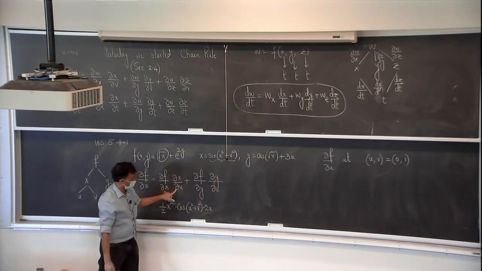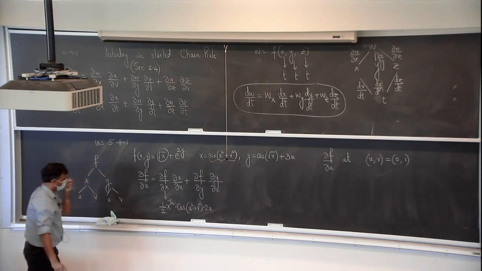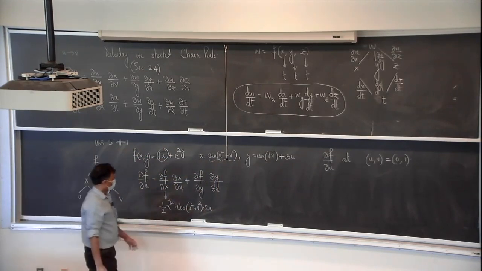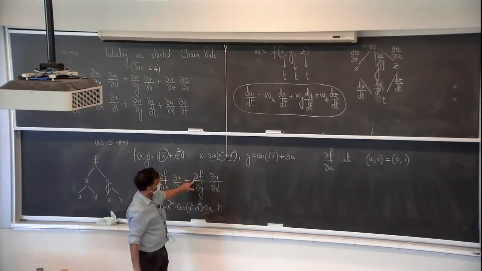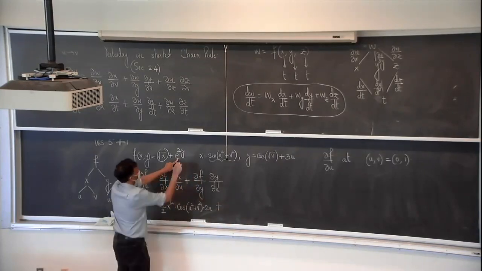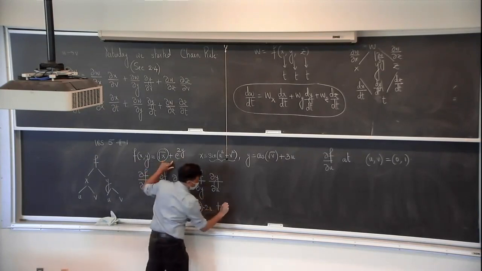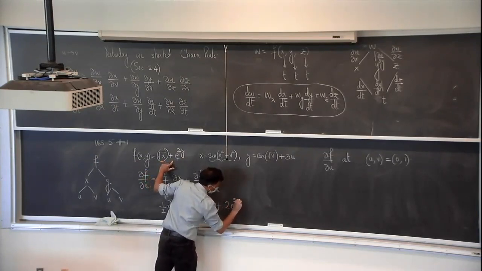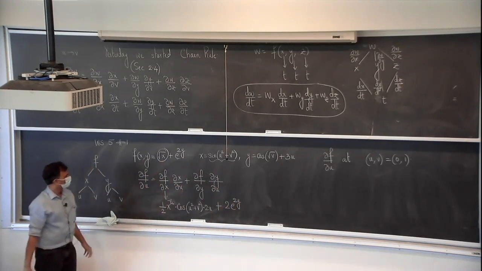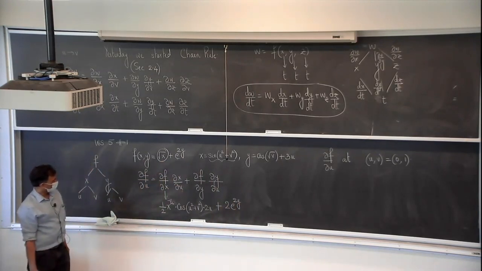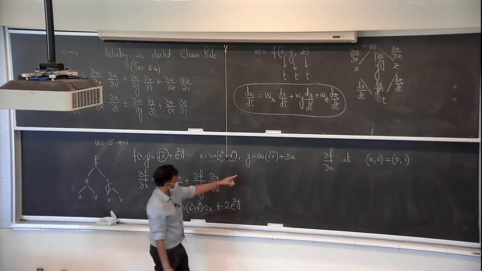Partial of X with respect to U. F with respect to Y would be 2e to the 2y. And Y with respect to U, note that I've written those terms kind of backwards. Okay, V first. So Y with respect to U is nothing crazy, it's just 3.